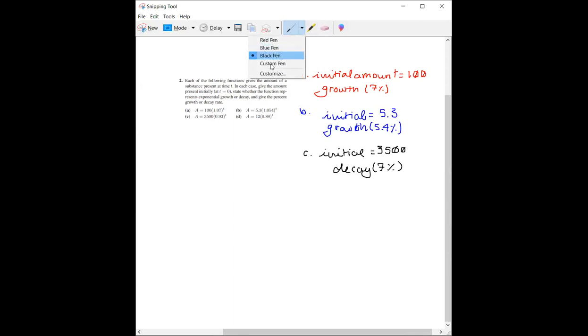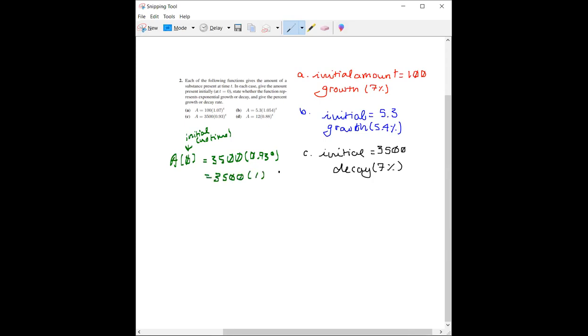Besides saying that P naught is the initial value, does it make sense why that is the case? Because if we have A of 0, which is what we're going to say is initial, no time has passed, we end up with 3,500 times 0.93 to the 0. Do you know what something to the 0 power is? 1. Exactly. So we end up with 3,500 times 1, and that is what gives us the initial value.